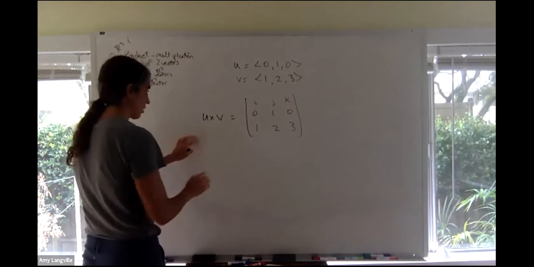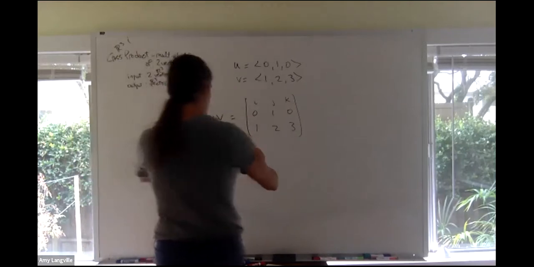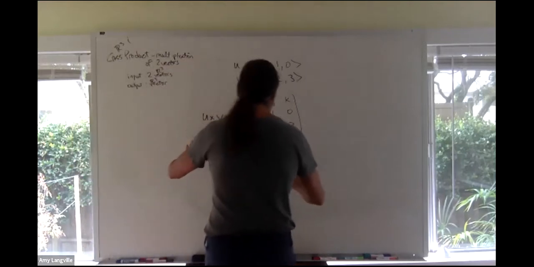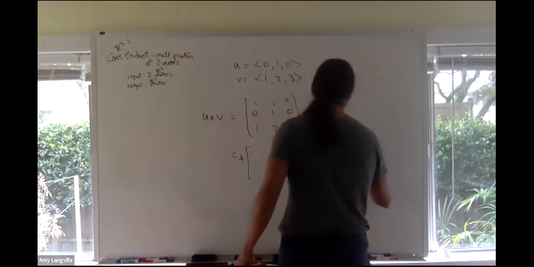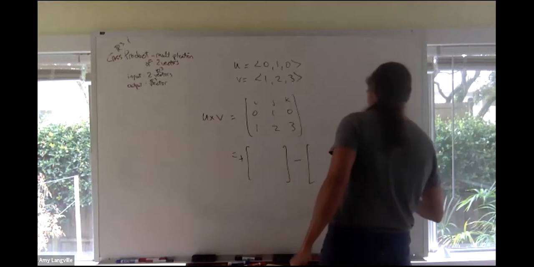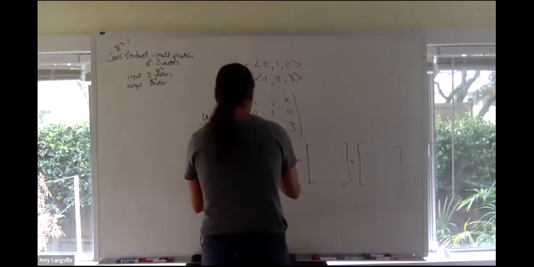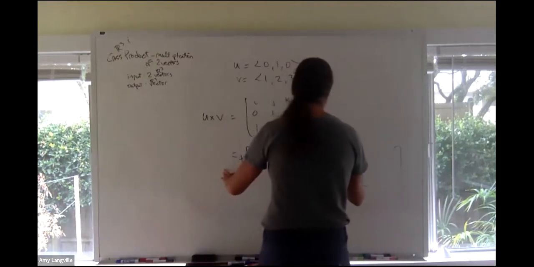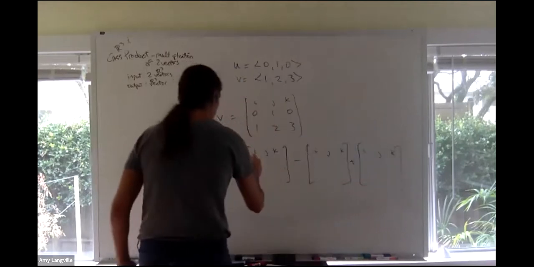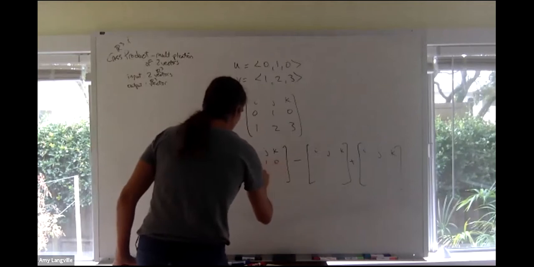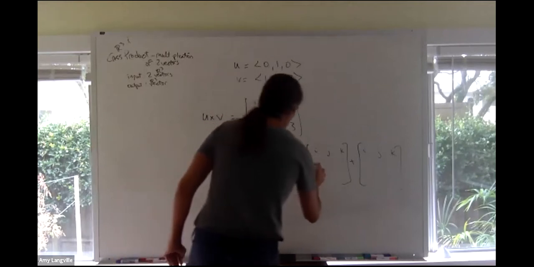I'm setting up the matrix, and we're going to have 3 matrices below it, with plus, minus, plus. And I'm still going to write the i, j, and k as headings for my 3 columns. Copy my u's and v's.